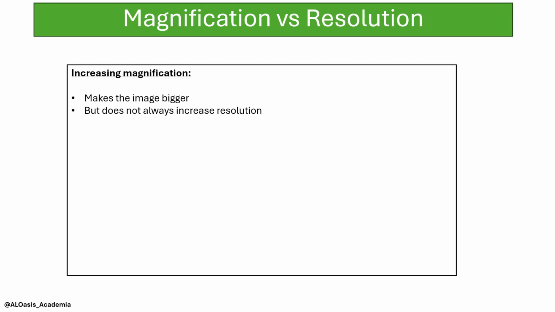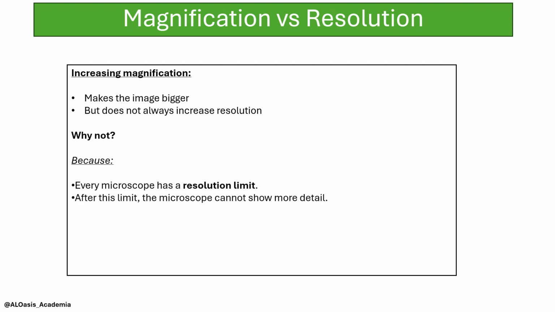So now let's compare magnification to resolution. Hopefully this will make the whole thing much clearer to you. If you increase the magnification of a microscope, that would make the image bigger, but it doesn't always increase the resolution. Why not? The reason is that every type of microscope has a specific resolution limit.